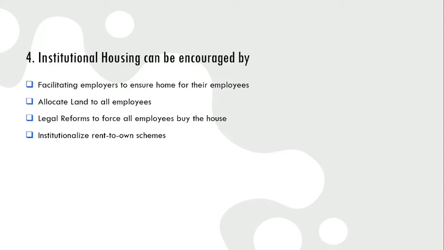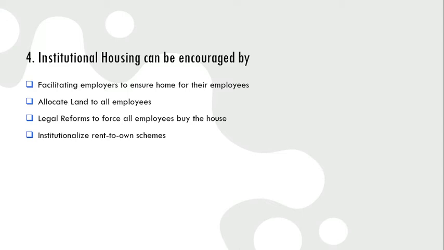The first option is straightforwardly depicting that if the employers are facilitated, that is, if we can enable the employer, if we help the employer to develop homes for the employees, that is actually helping in the development of institutional housing. So that is a straightforward option.